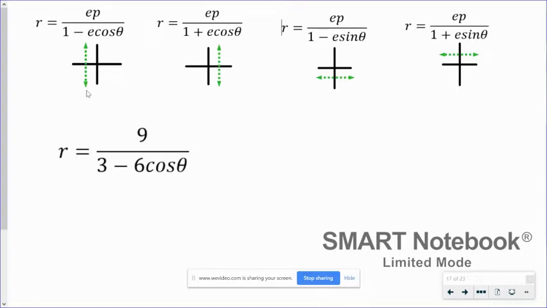I remind you, the directrix has a special relationship with the axis of symmetry of the parabola, the major axis of the ellipse, and the transverse axis of the hyperbola. It is perpendicular. The direction of this dictates the direction of those potential other three. Important thing to know.